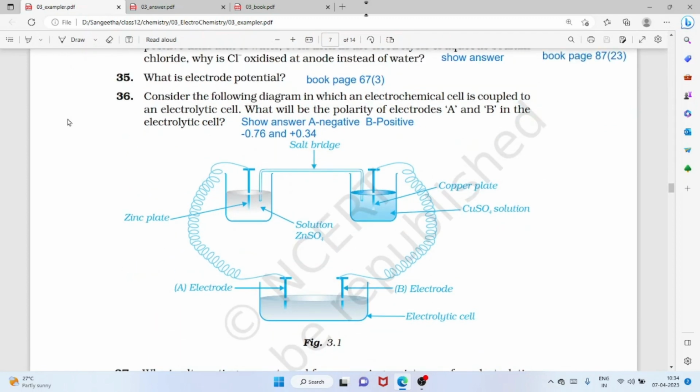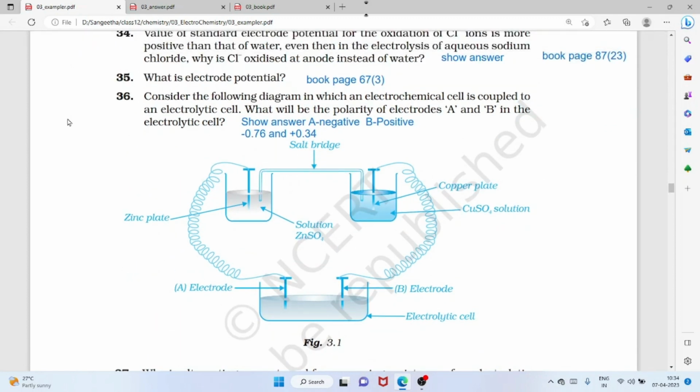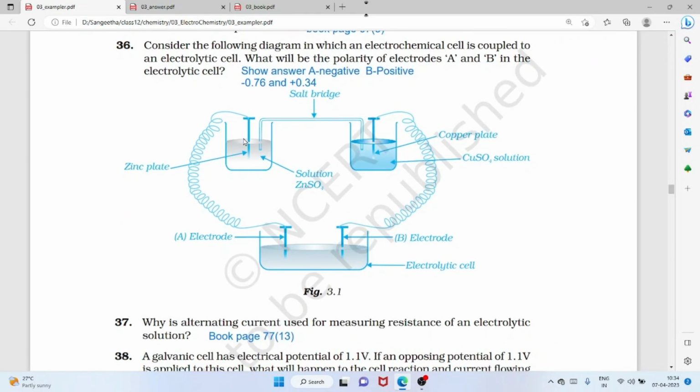Consider the following diagram in which the electrochemical cell is coupled with the electrolytic cell. What will be the polarity of A and B? See from the table where the reduction potentials are mentioned.